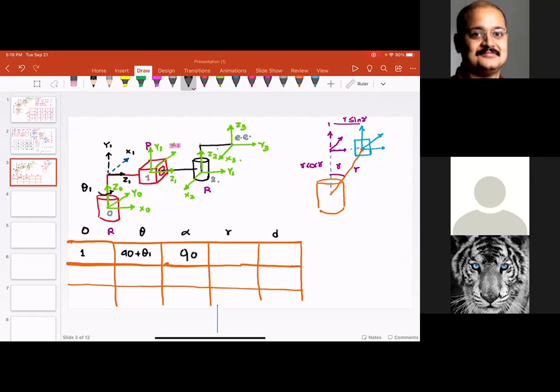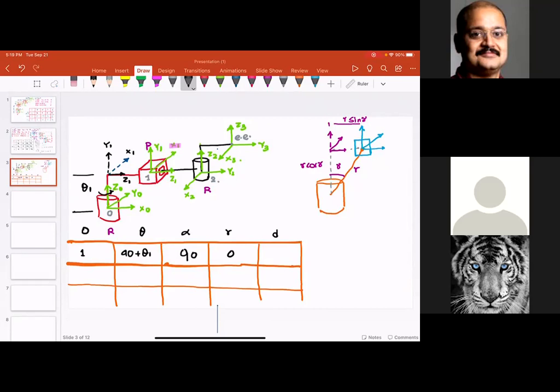Then R is the distance between the 0th frame and the first frame along X1. Now this frame distance is actually the translated frame, so we are going to look at the translated frame. Ignore the frame shown in green; remember the frame shown in black. I need to give you the distances.